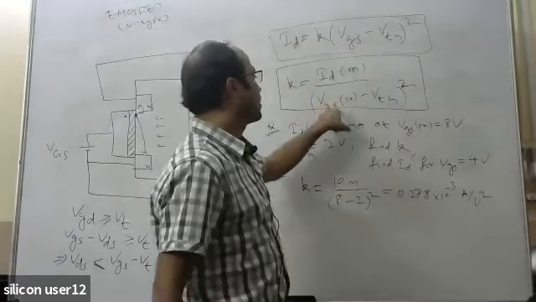K is given as 0.4 into 10 to the minus 3 ampere per volt square. ID on equal to 3 milliampere at VGS on.